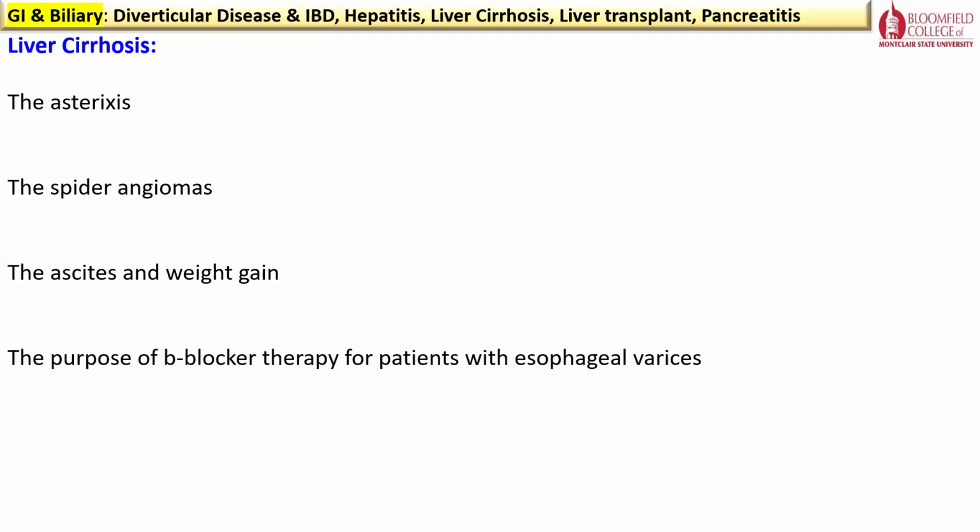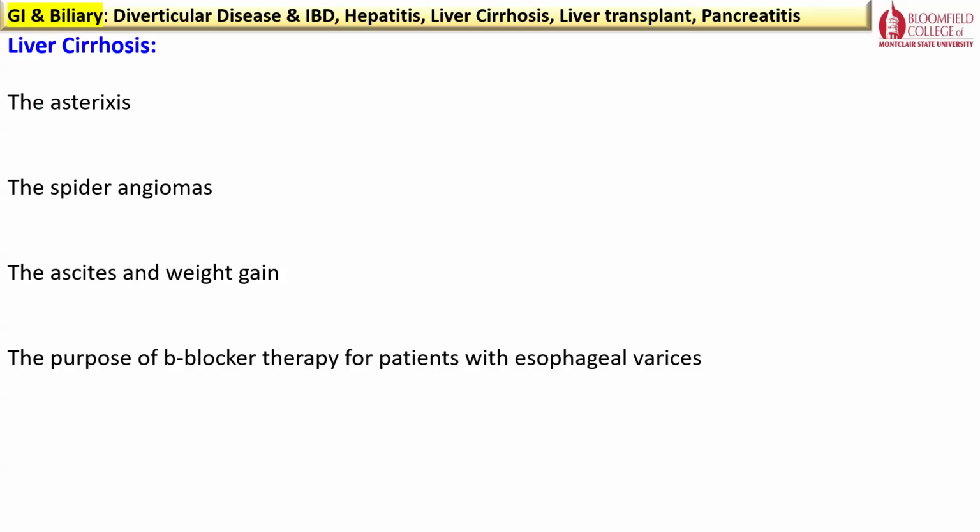We went over the ascites and the weight gain. We have to monitor these two findings because they indicate the need for treatment. Especially in patients with liver cirrhosis, they tend to have different levels of ascites, so the daily weight and the abdomen should be monitored.